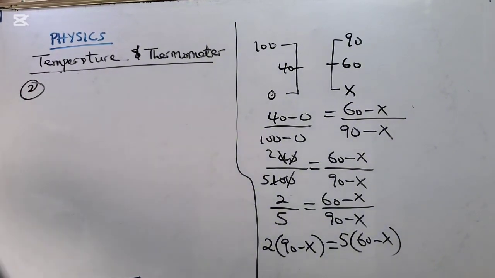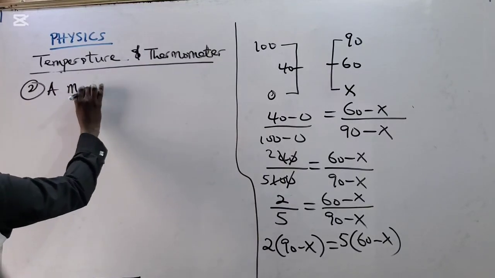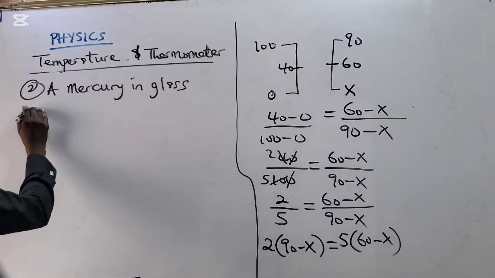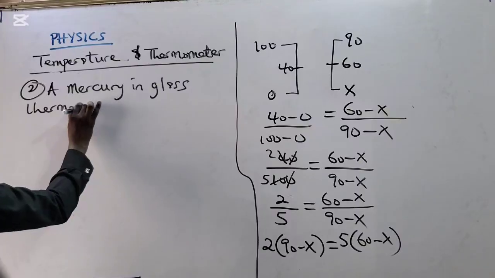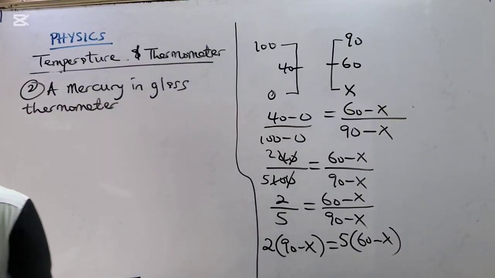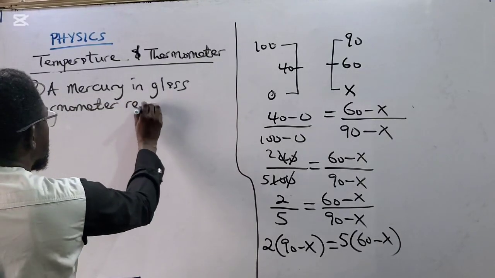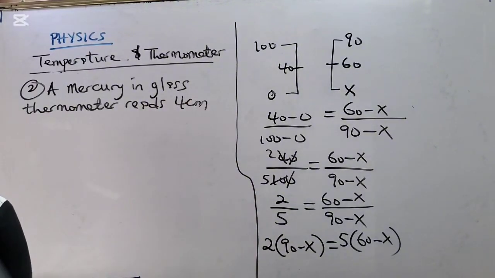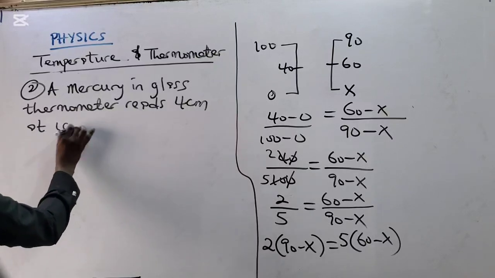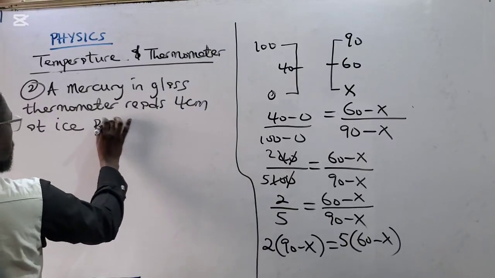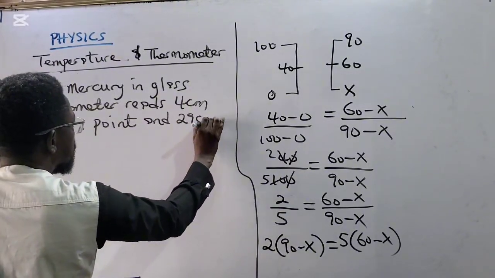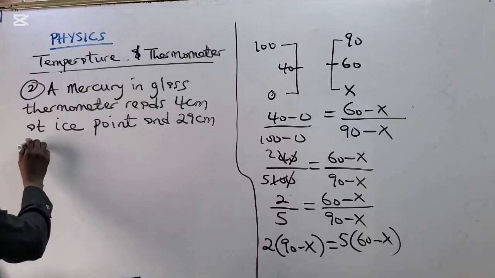The question here says the mercury-in-glass thermometer reads 4 centimeter at ice point and 29 centimeter at steam point.